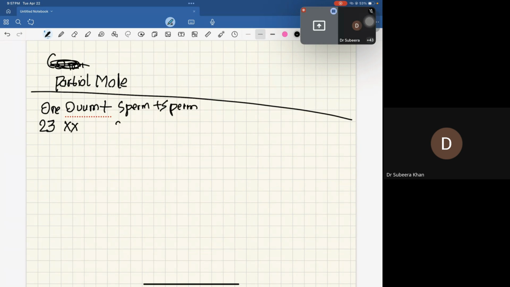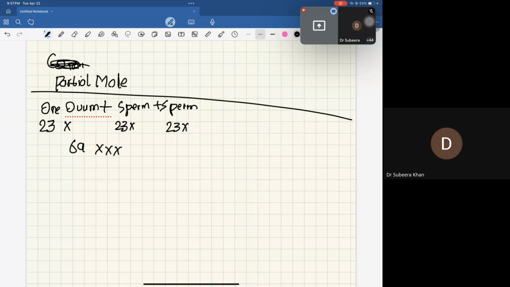Now these sperms can be 23X and 23X. In this case, it would become 69XXX. This will give you only X, X, and X.